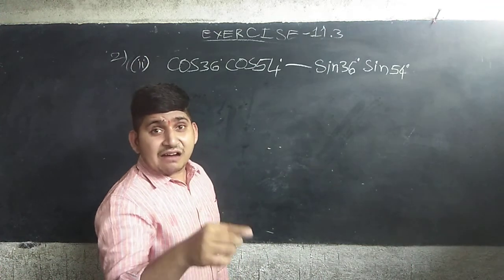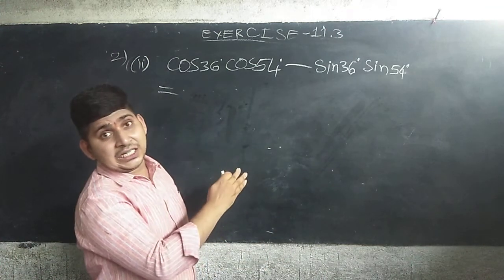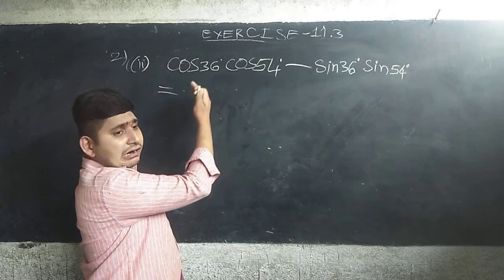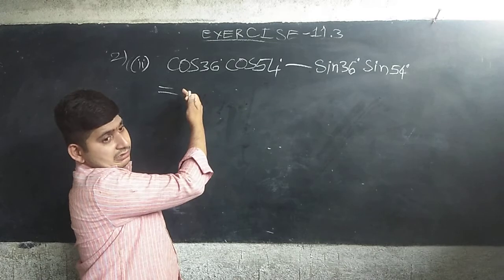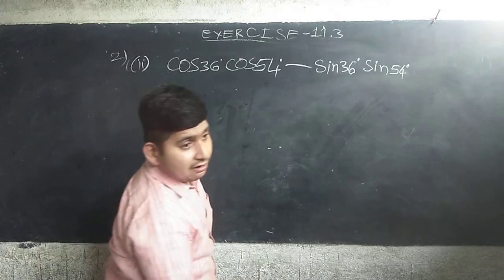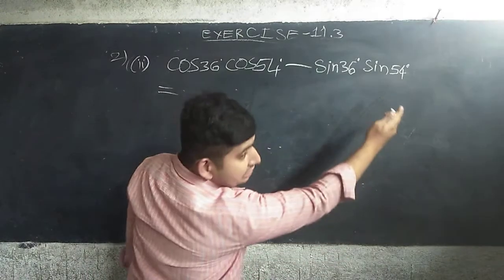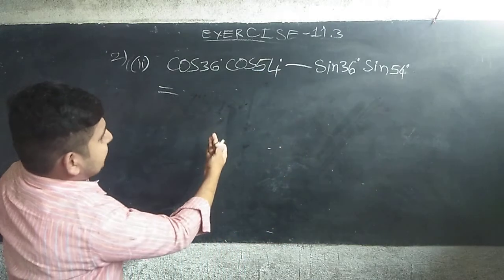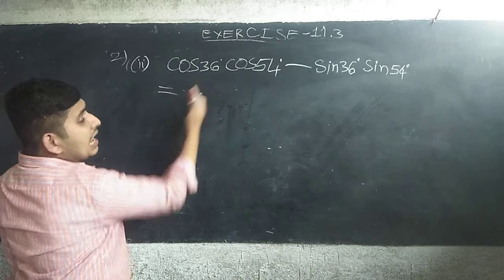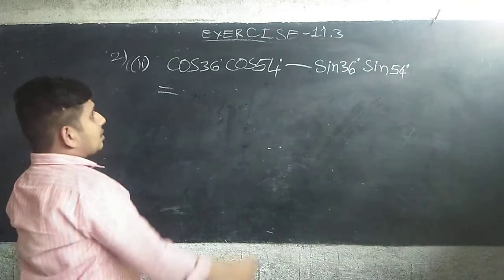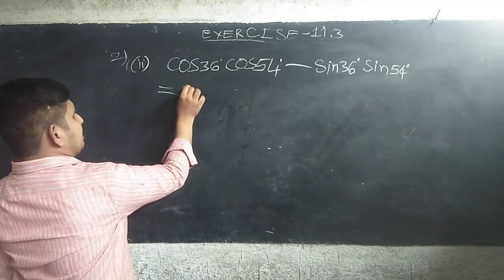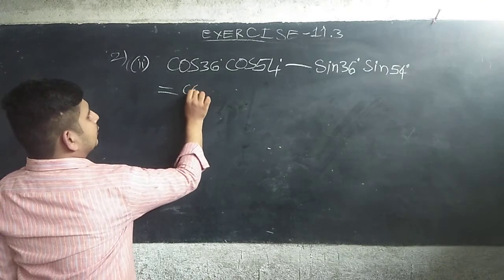So we have to change any one side. Means what? Either we change the total cos terms, or we change the total sin terms. Now for convenience, I am changing the cos terms. Cos 36 into cos 90 minus 54 degrees.